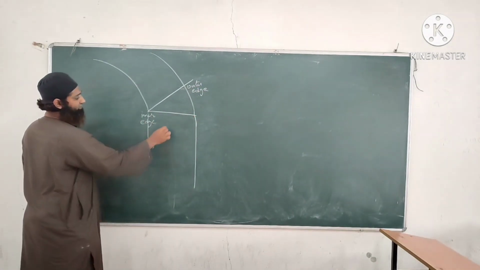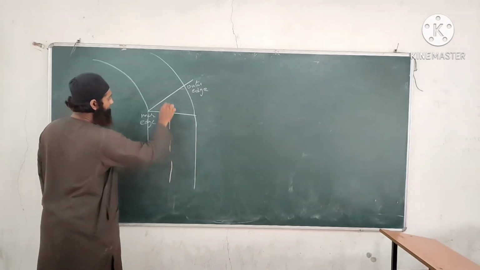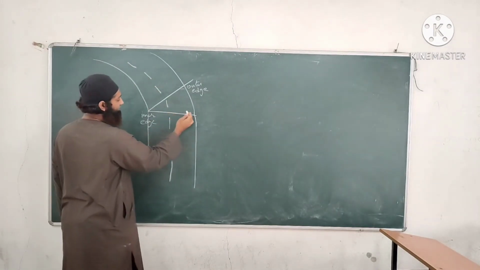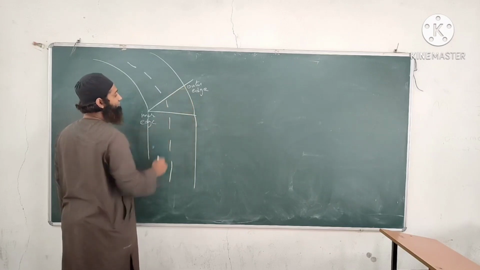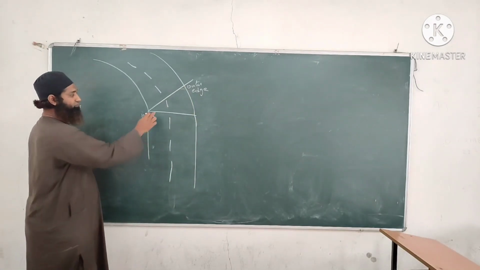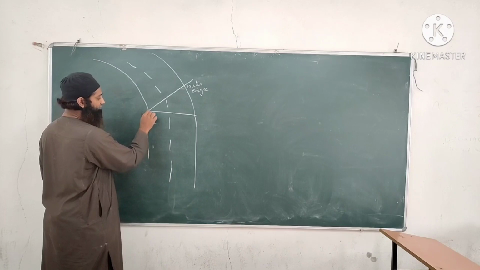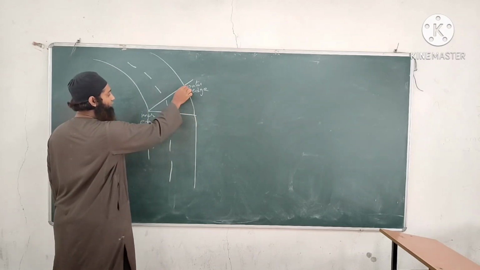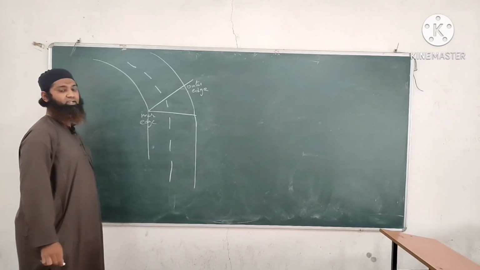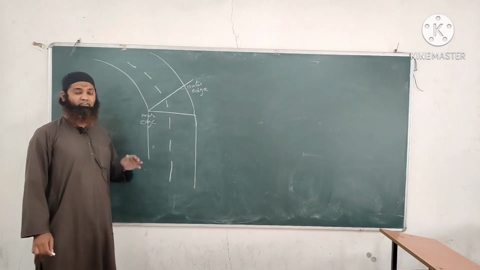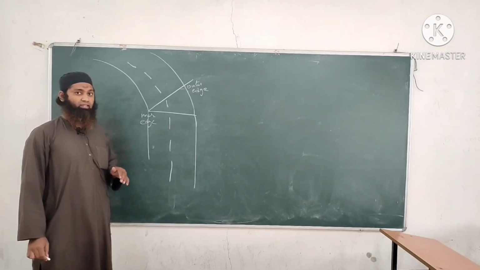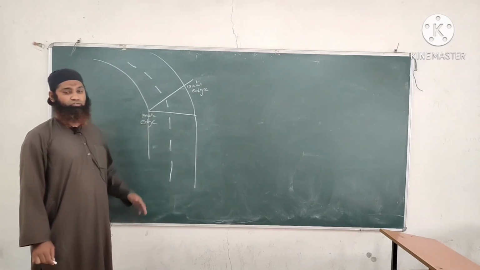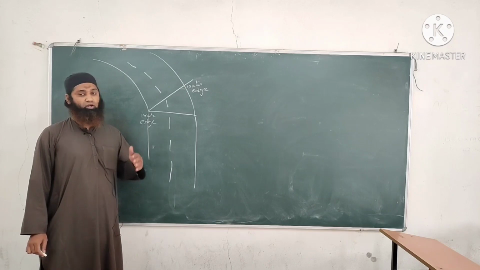This is our alignment which has to be maintained throughout. What we do is just raise this part of the pavement. We maintain the inner edge, and we just raise this part of the outer pavement. Because of that, equilibrium is maintained and the centrifugal force is reduced, and in turn the vehicle will not skid or be overturned.